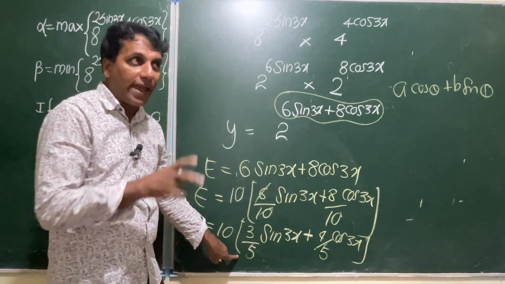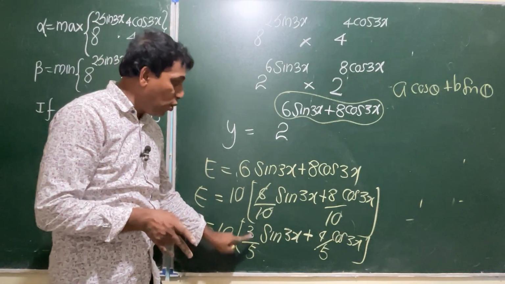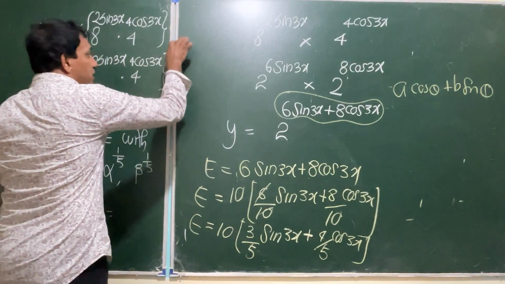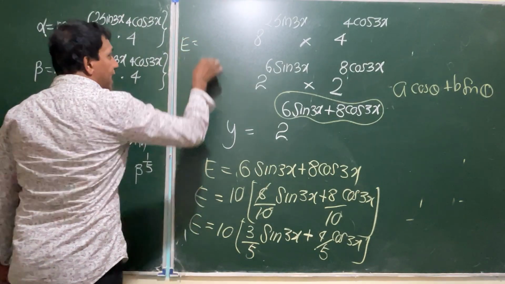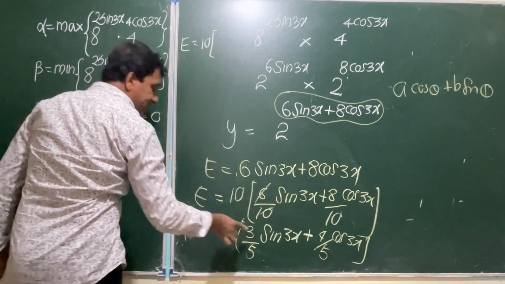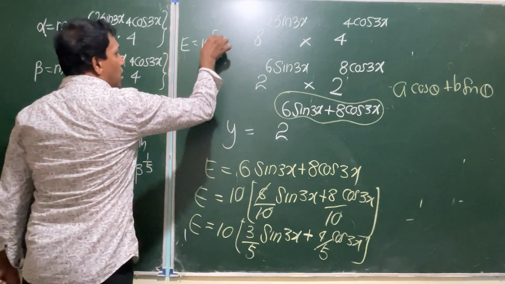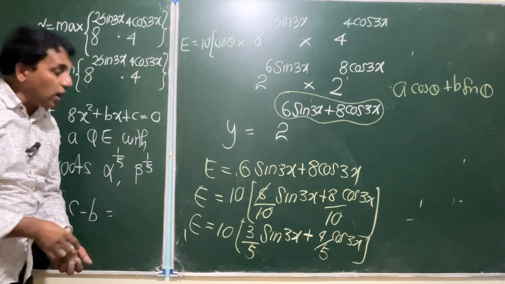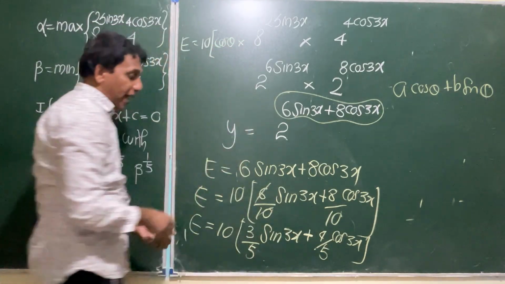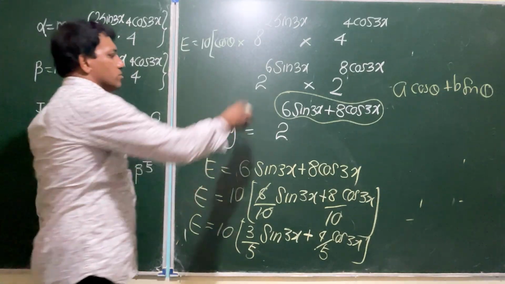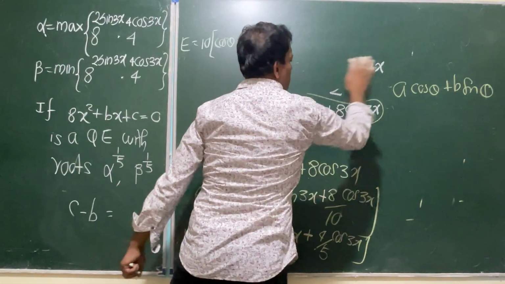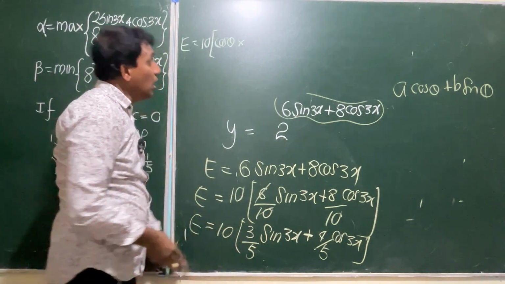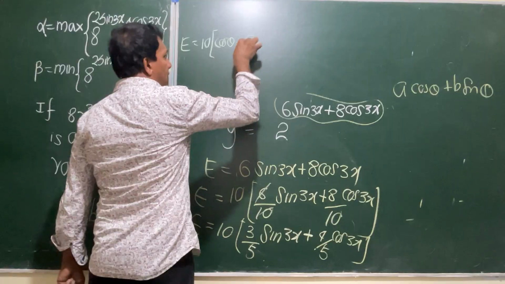Think about a right angle triangle. 3 over 5 means the other one is 4 over 5, right? Therefore, I can show here E equals 10 into, I take this one as cos theta, and the next one sine theta, times sine 3x plus cos theta sine 3x.